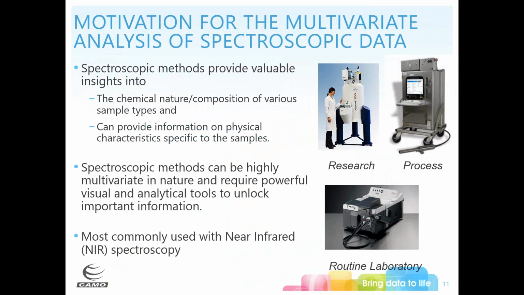So you often have to do some sort of pre-processing and multivariate techniques to pull out that very important information and minimize your noise. And again, as I said before, this is most commonly used in near-infrared spectroscopy, which is one of the ones that is notoriously difficult to pull out information from without any sort of manipulation of the raw spectra.